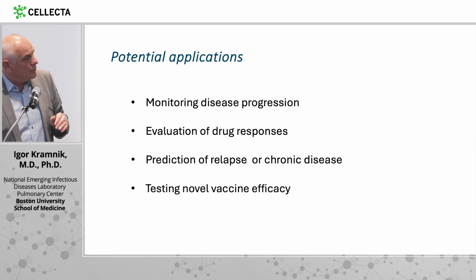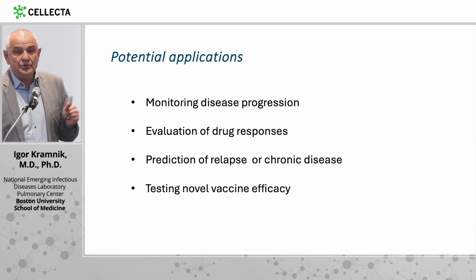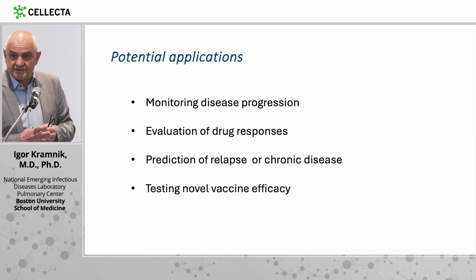Now we are working on evaluation of drug responses and prediction of relapses. Then we want to apply this technology to test new vaccines, for example, including subunit vaccines, where we can look at the induction of specific clonotypes and their behavior after subsequent infection and correlation with protection.